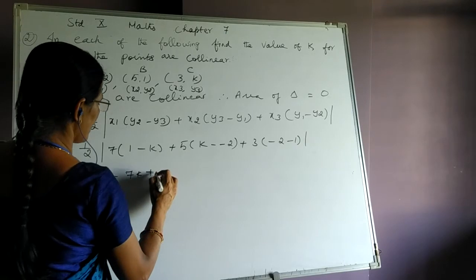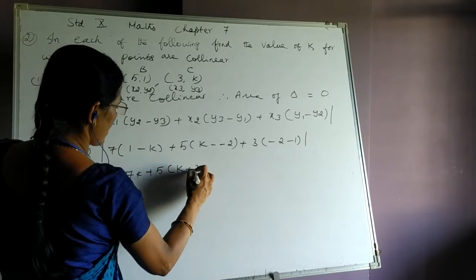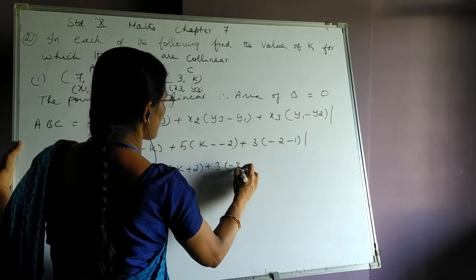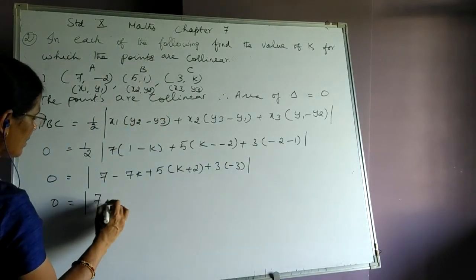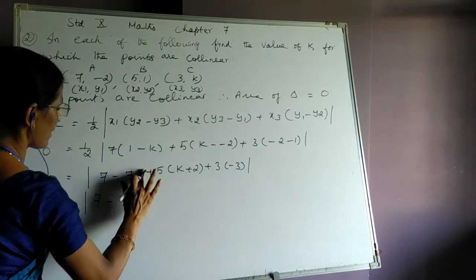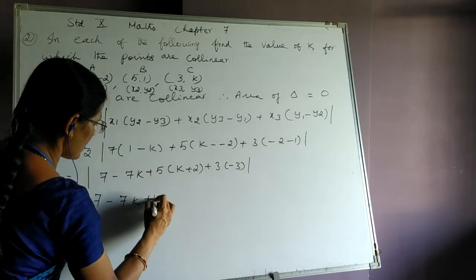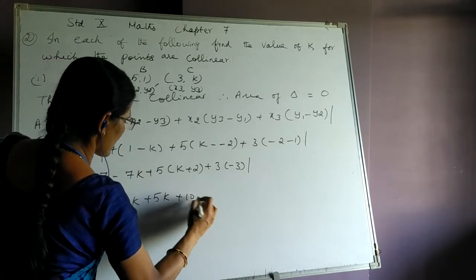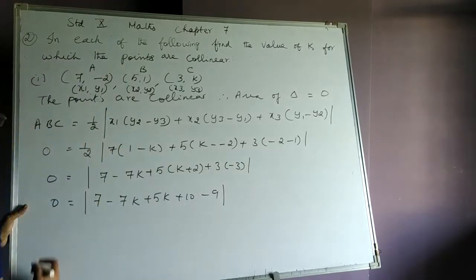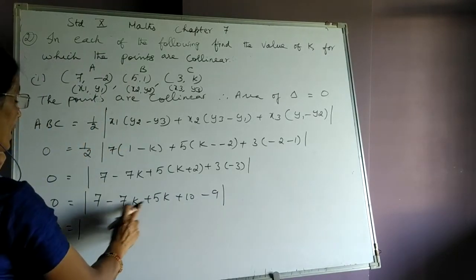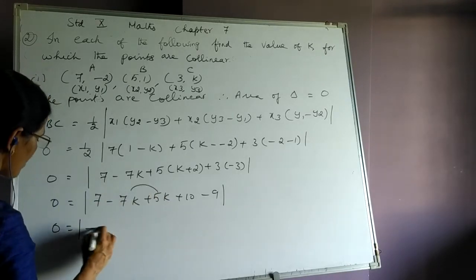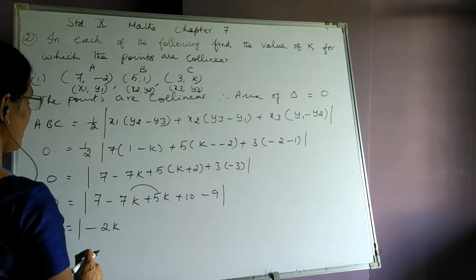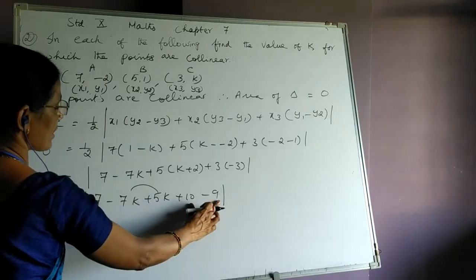Area of triangle ABC equal to 0. x1 value is 7, y2 minus y3. y2 is 1, y3 is k, plus x2 value is 5, y3 is k minus y1 is minus 2, plus x3 value is 3, y1 value is minus 2 and y2 value is 1.